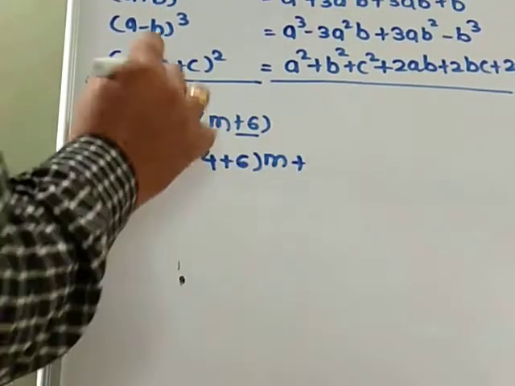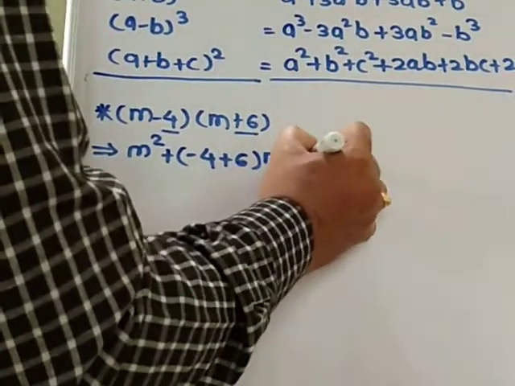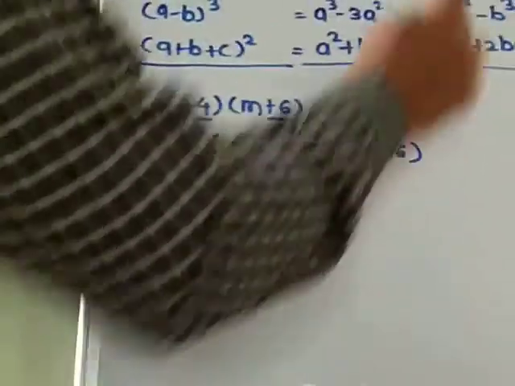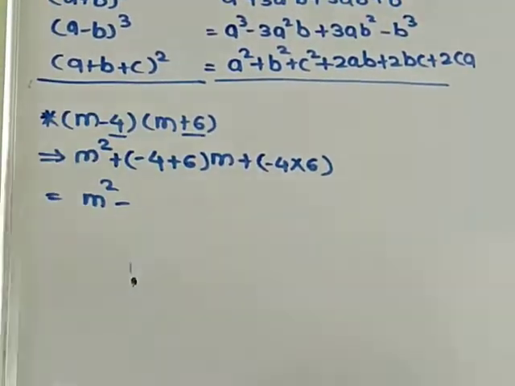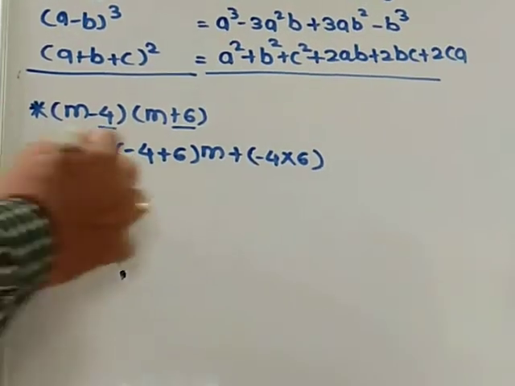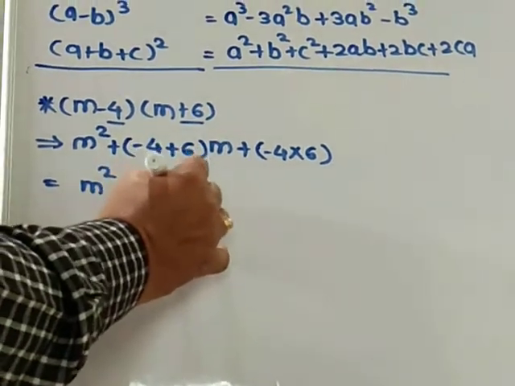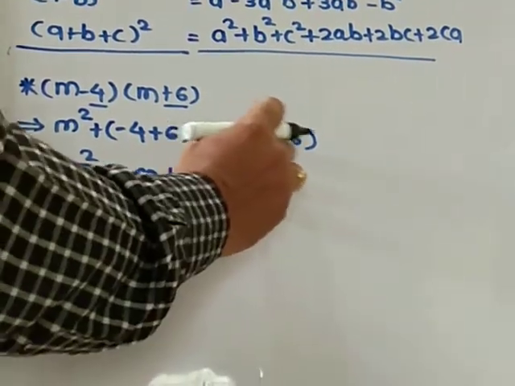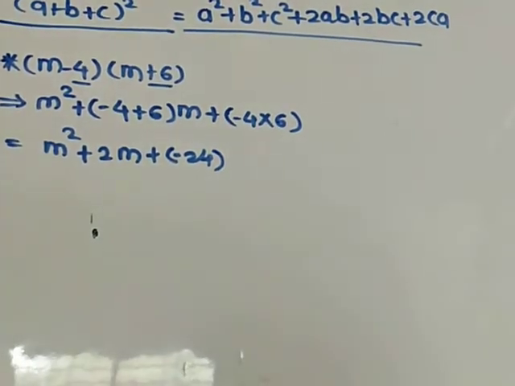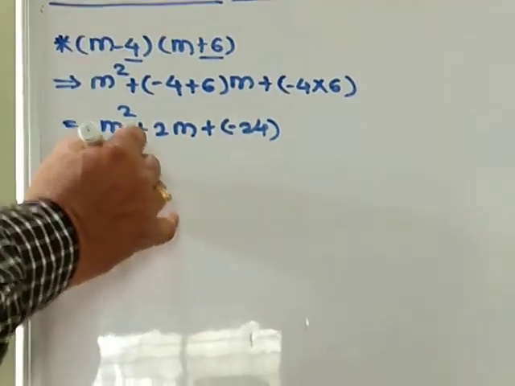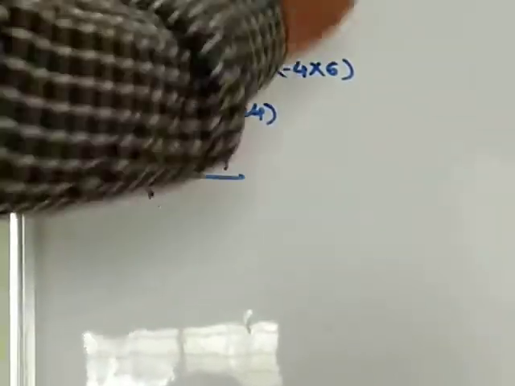Plus (−4) into 6, that is ab. So it is m² + (−4 + 6)m + (−24), which is m² + 2m − 24. So the answer is m² + 2m − 24. This is the expansion of this.